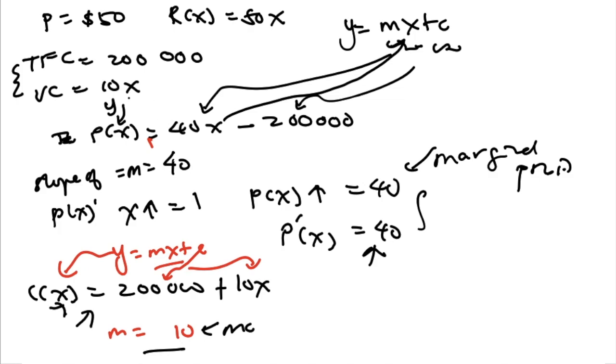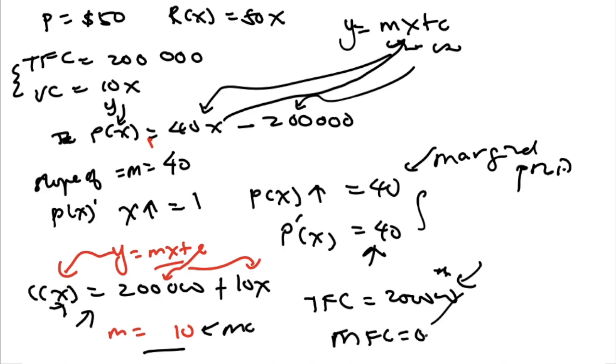What about total fixed cost here? Total fixed cost is equivalent to 200,000. As you can see, it doesn't depend on the quantity produced and sold. So no matter what happens, total fixed cost stays the same. When it stays the same, you wouldn't find any change in marginal, so we don't talk about marginal fixed cost.